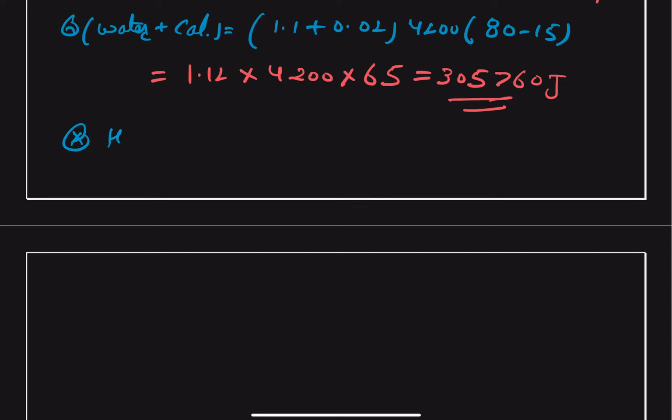Now we are going to find out the heat lost, or released, by the steam. The heat released by the steam is a two-step process.